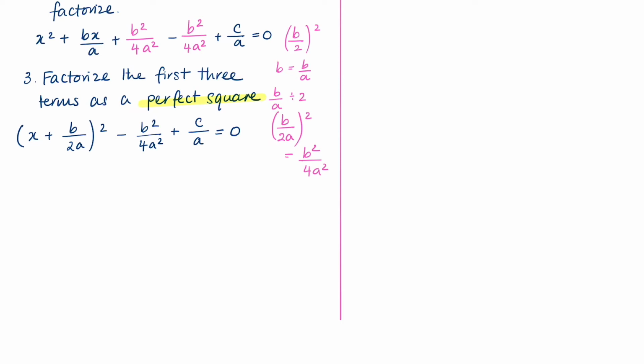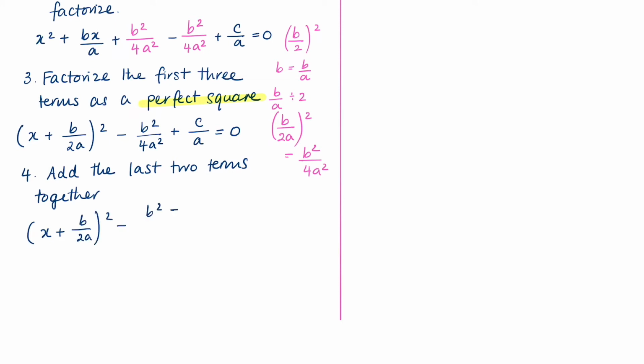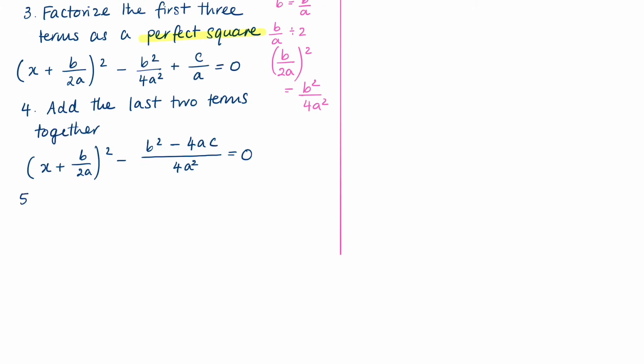Now the fourth step, I'm going to add the last 2 terms together. And now step 5, I'm going to write them as a difference of 2 squares.